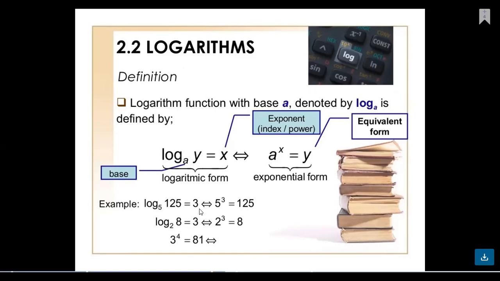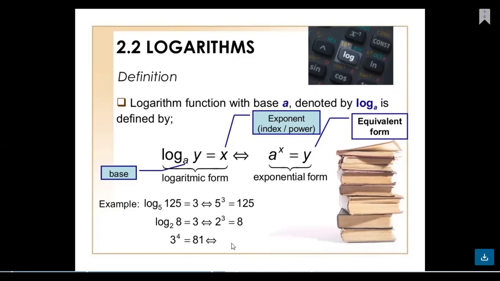For example, log base 5 of 125 is equal to 3. So, magiging 5 cubed is equal to 125. Log base 2, ito yung nagiging base natin, yung 2. Tapos nagiging exponent yung 3. So, log base 2 of 8 is equal to 3. So, yung base niya, 2 raised to 3 or cubed is equal to 8. So, yung 3 raised to 4 is equal to 81. How are we going to represent it using log?